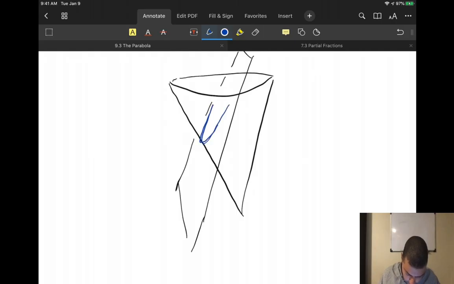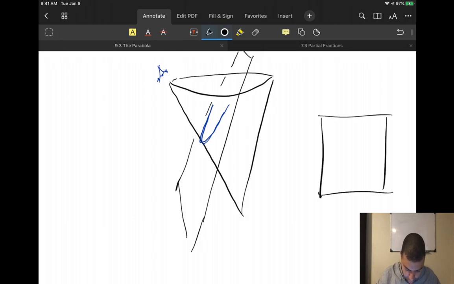So that's the parabola. If you look at it from this angle here, what you're seeing is a parabola, right? So that's how you see parabolas as conic sections, okay?